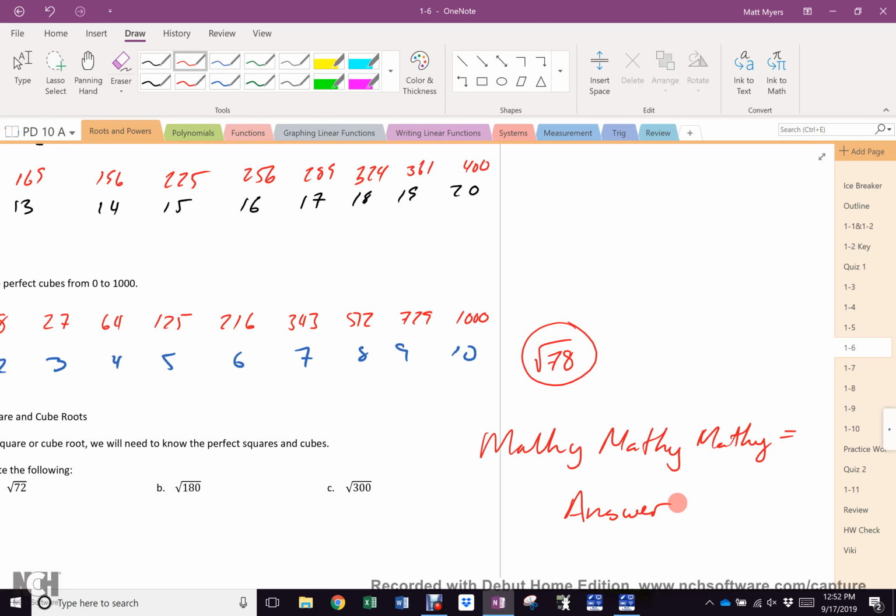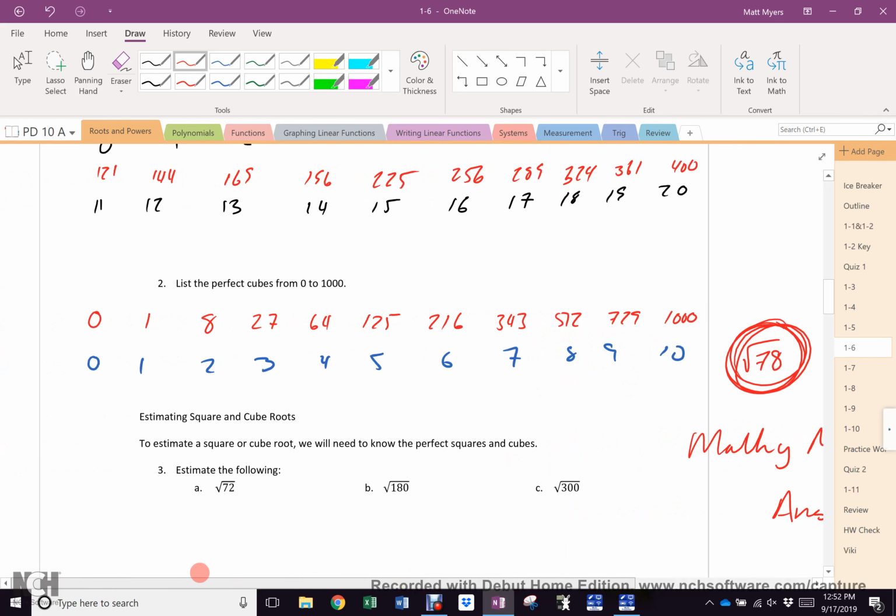Now, the reason I'm showing you this, and we are taking this whole block to do this today, is because later on in math, when you are faced with this, I don't want you to do mathy, answer, and have it be garbage. So we are going to talk about what we can do with these values to help us do a better job of mental math.